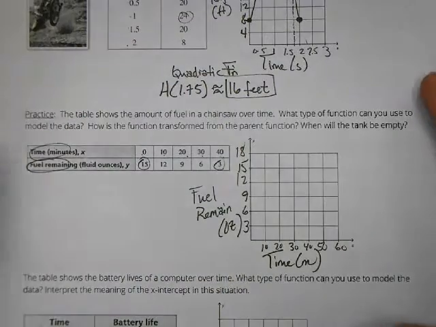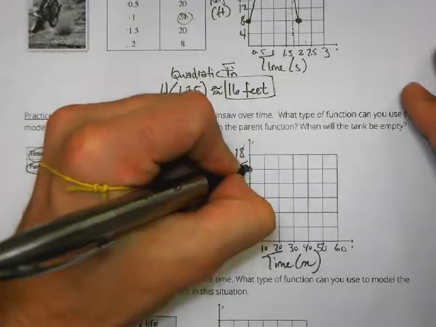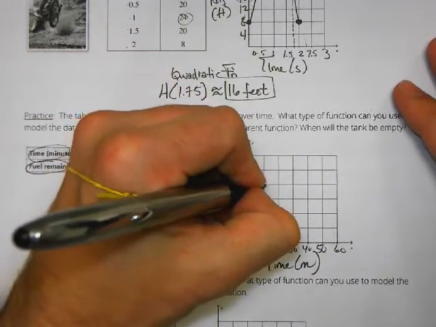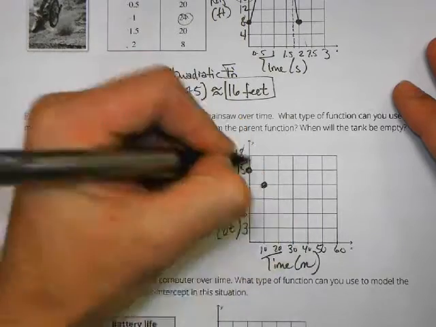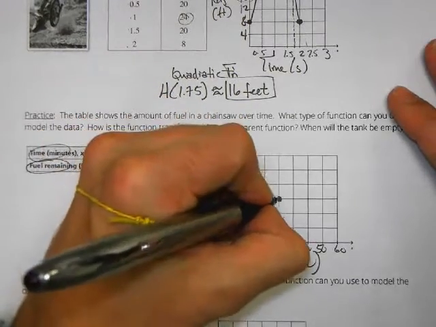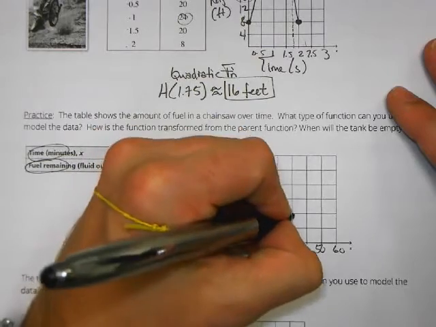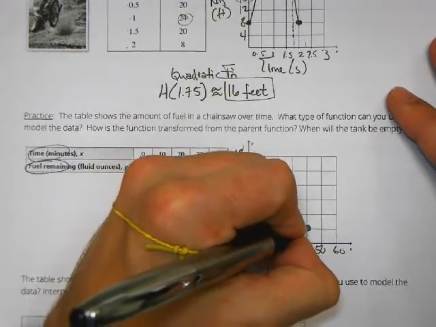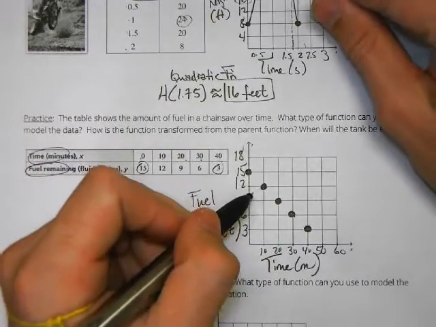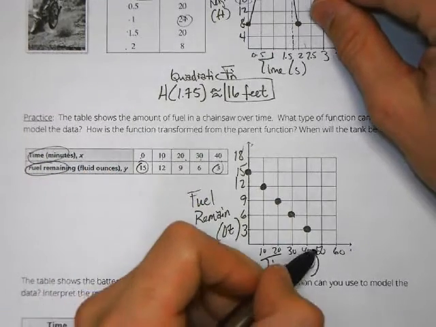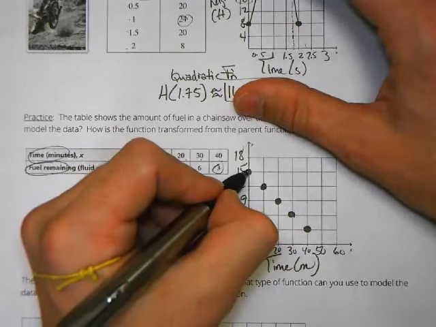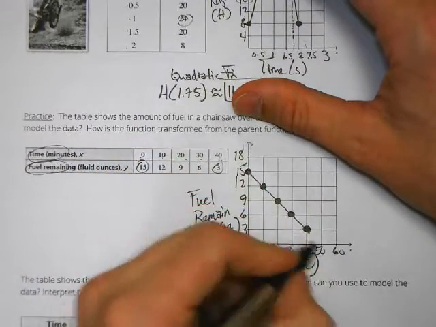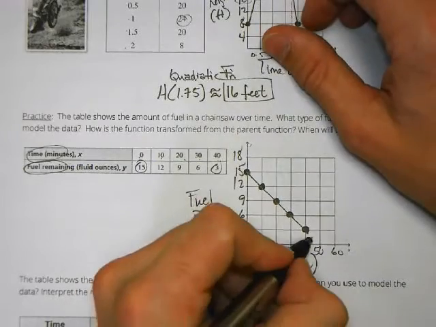We've got 0, 15, 10, 12, 20, 9, 30, 6, and 40, 3. Again, you know that the gas tank will get empty at some point, and so we're not going to actually go all the way because our data stops. But in the real world, we know we have that part.